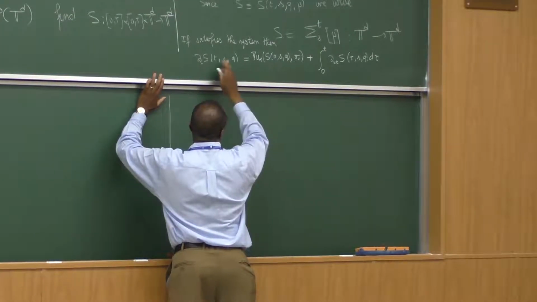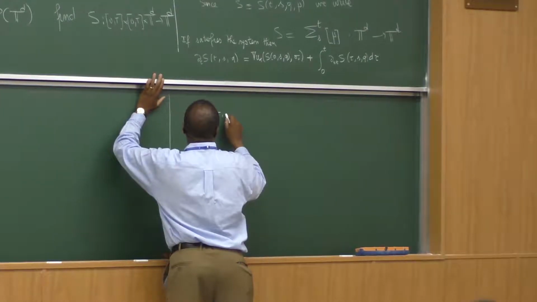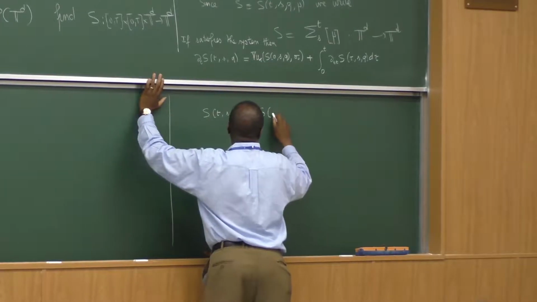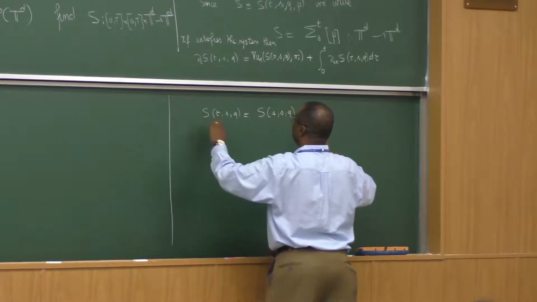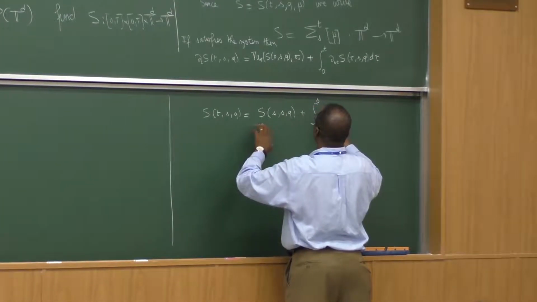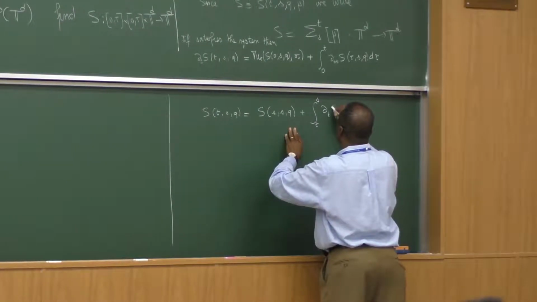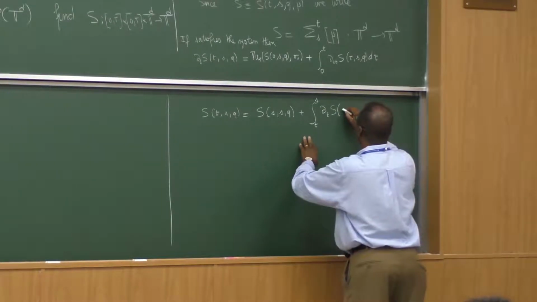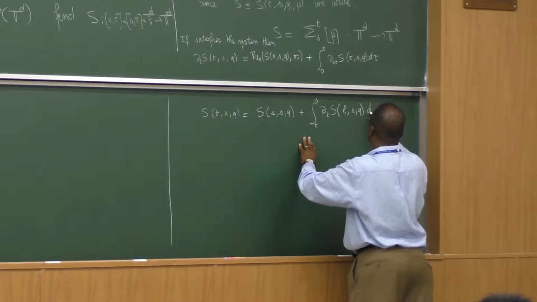If the derivative of S with respect to t satisfies that, then S of t, s, q will be S of s, s, q plus the integral from t to s of the derivative with respect to time of S of l, s, q dl.